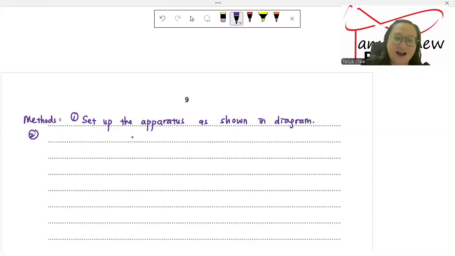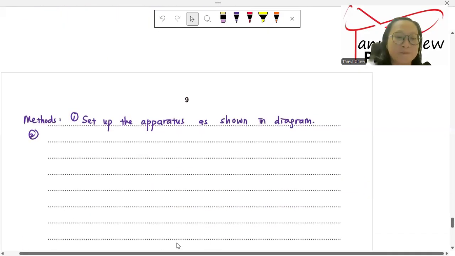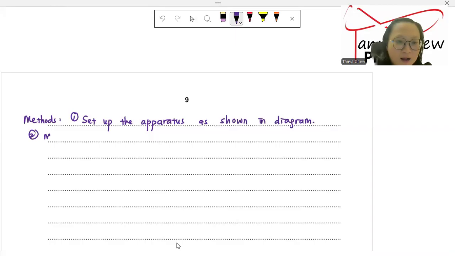Now, the second part, I would tell the examiner that I will measure my U using a meter rule. U is measured by a meter rule.